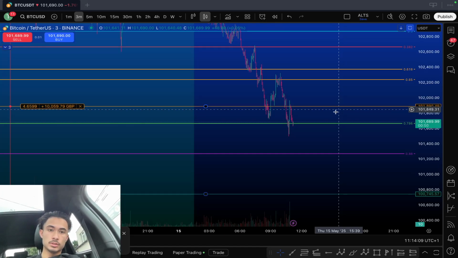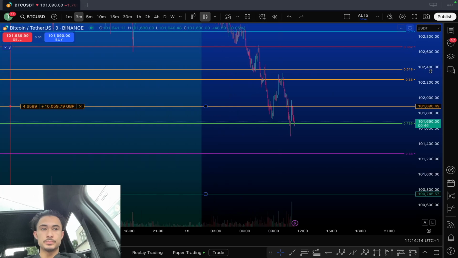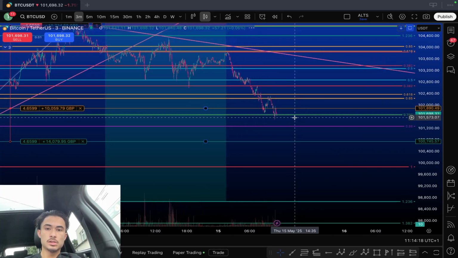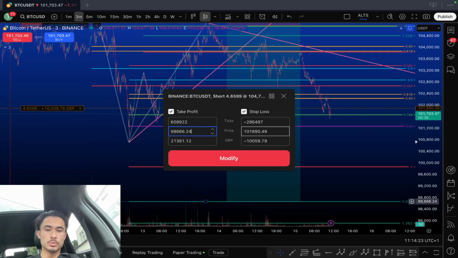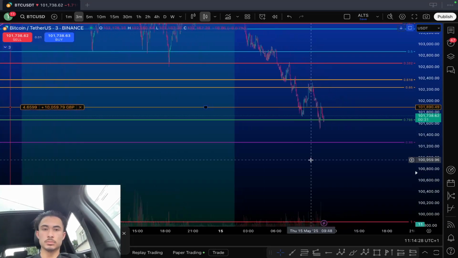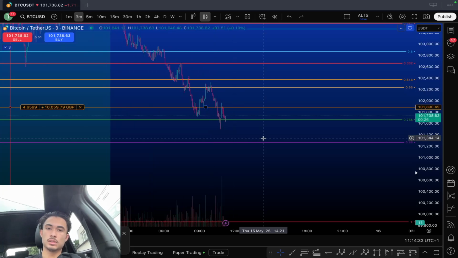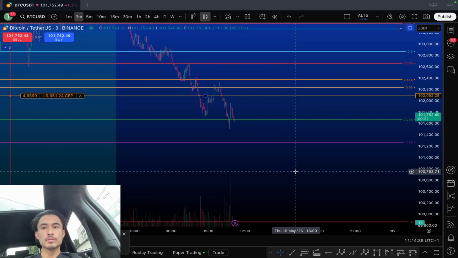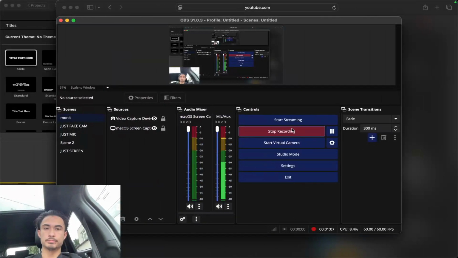I'd rather be safe than sorry. But obviously if we go lower, then we go lower. If that's the case, then I might set my TP further to 1.236. But yeah, in terms of my stop loss, I'm not letting this turn into an L. So I might just put it above the high. That's it, guys. Just playing it safe.